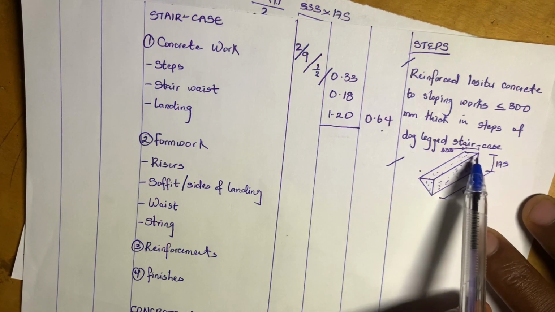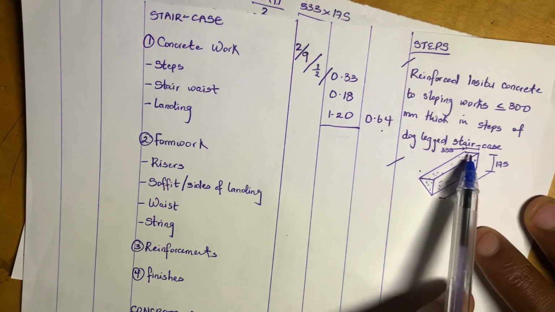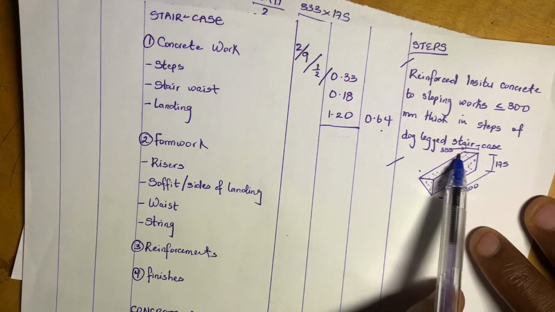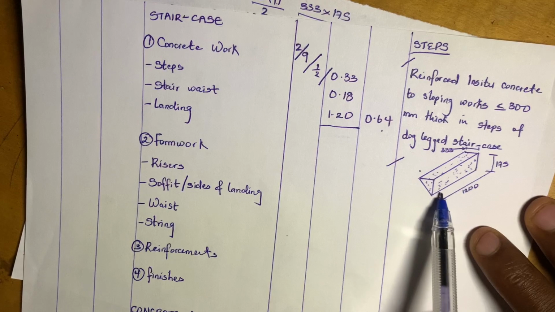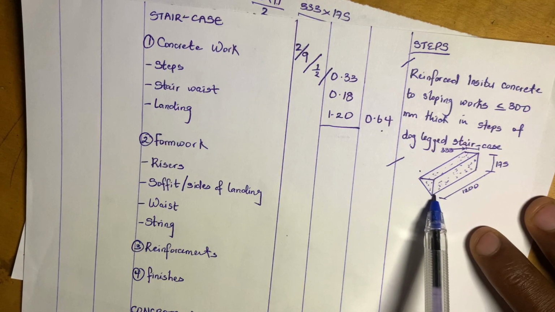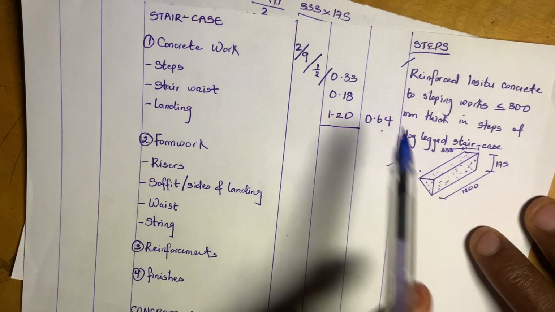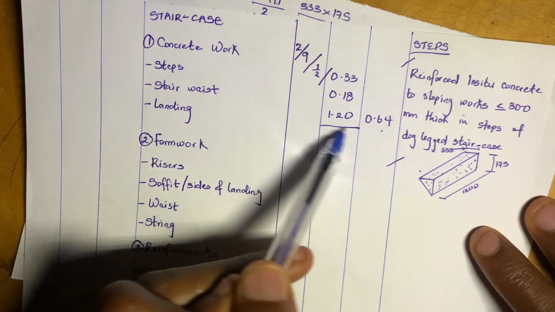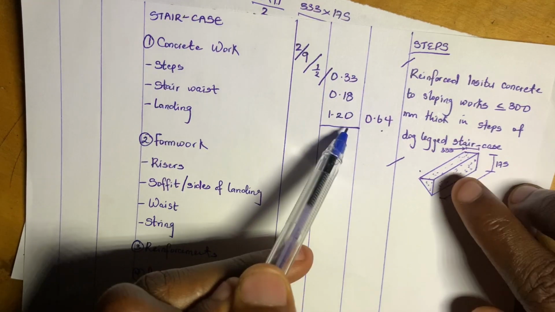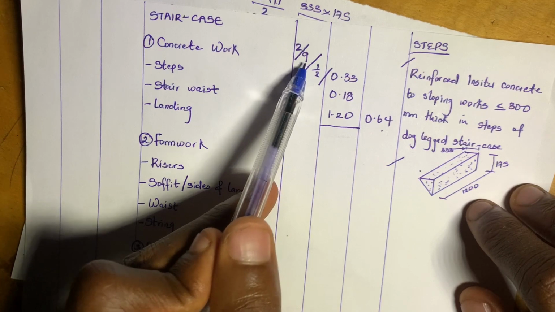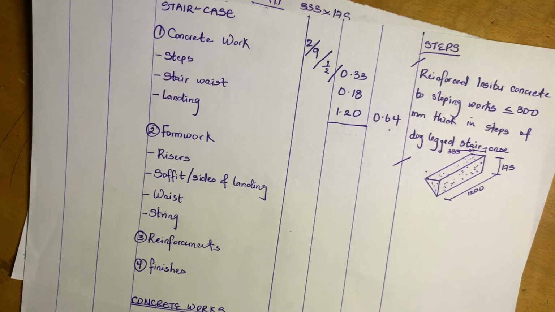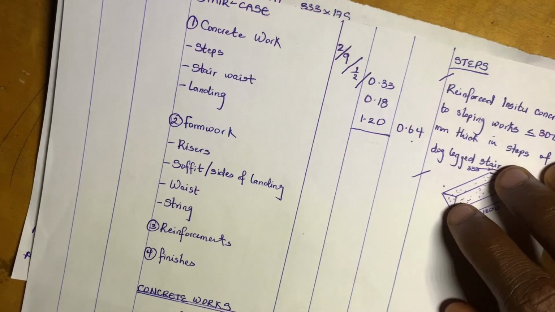So as you can see, this is your riser, this is your tread, and this is the width of the staircase. So once you measure your step like this. So this is the volume for one step, multiplied by what? Your number of steps, and then multiplied by the number of flights that you have that particular dimension of step in. So doing this, you measured for your what?